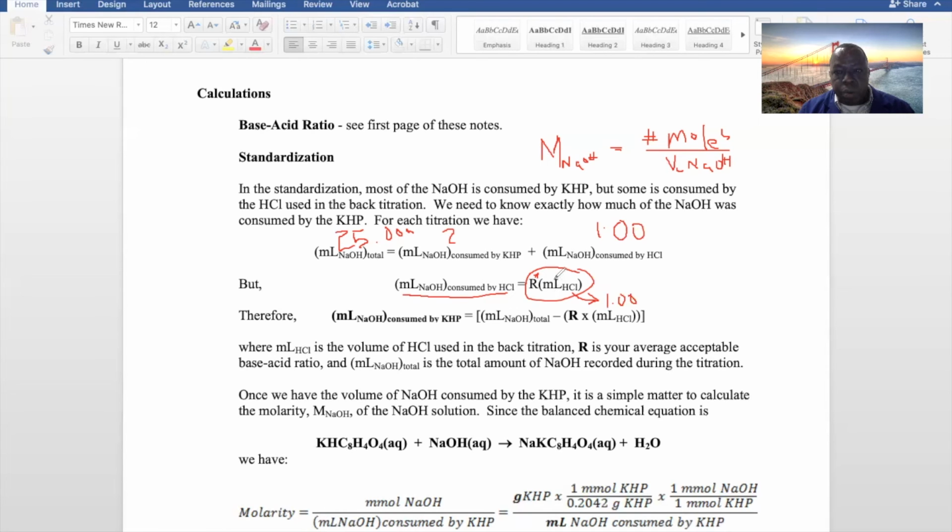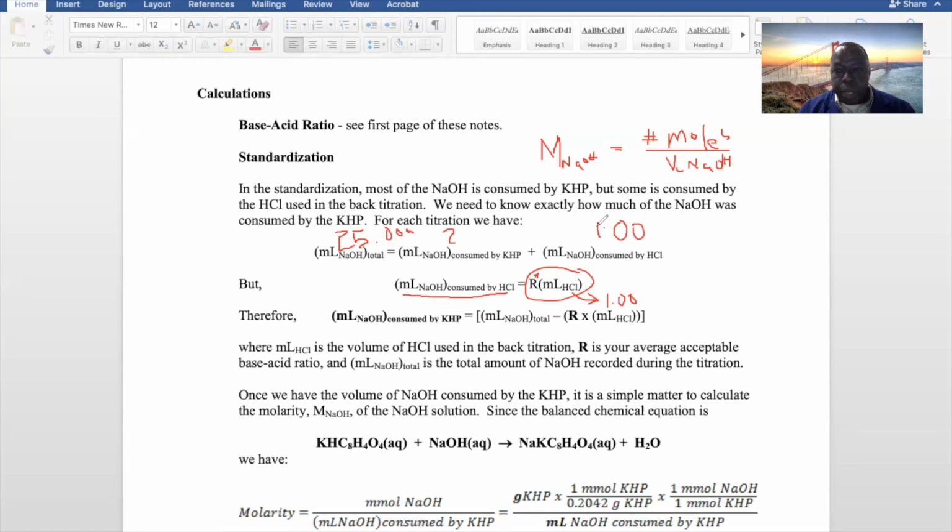So from the back titration, we can get the number of moles from the mass of KHP. Rearranging the equation, ml of NaOH consumed by KHP is given by ml over-titrated minus R times ml used for back titration.